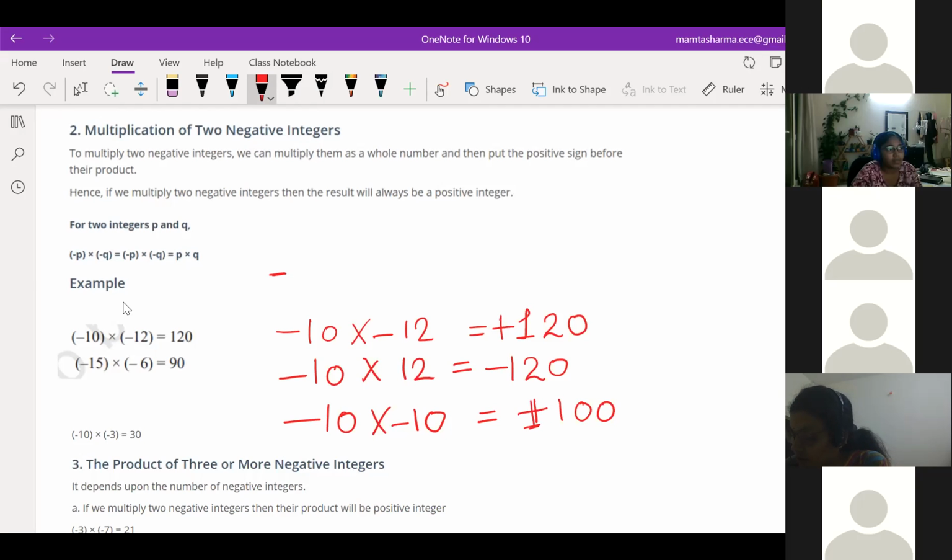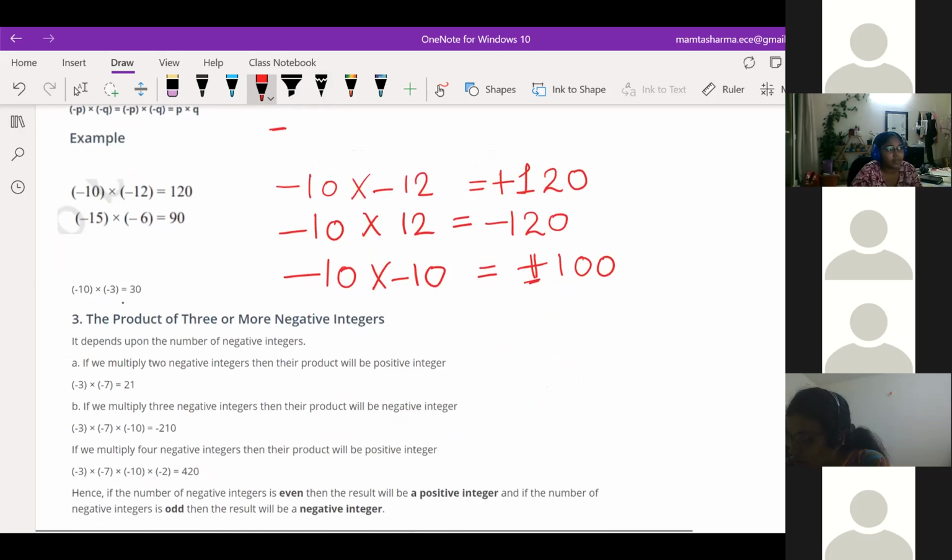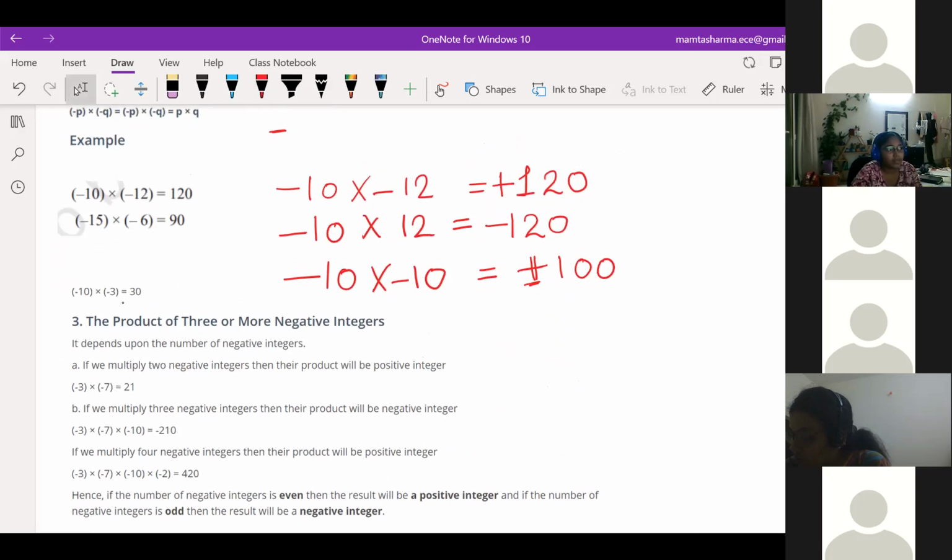Okay. If we are doing the product of three or more numbers, what will be the sign of the result?